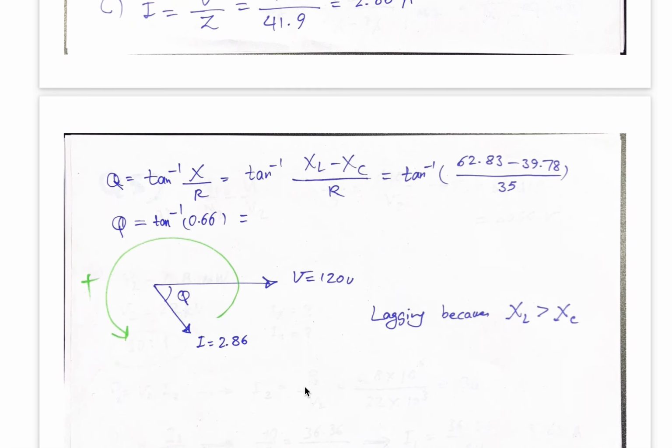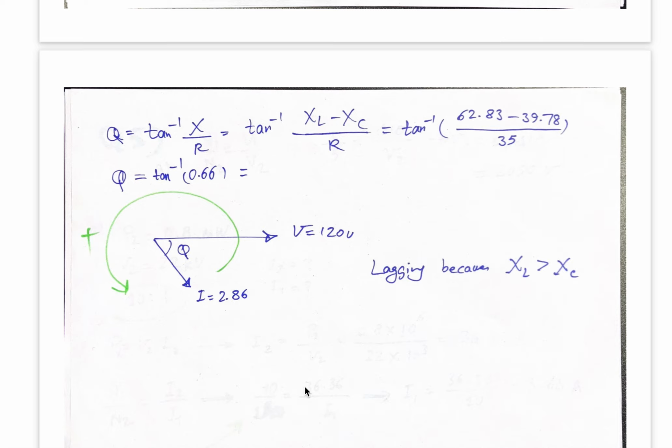And then the question in the end is about what is the angle between current and voltage. That angle is actually the angle between R and Z. And to obtain it, you can use this formula. Or if you remember the impedance triangle, you may use sine or cosine as well.